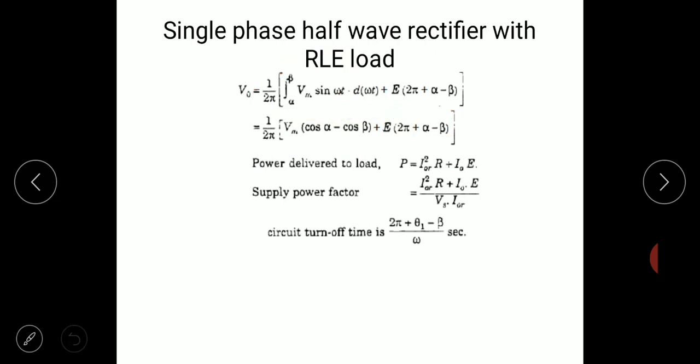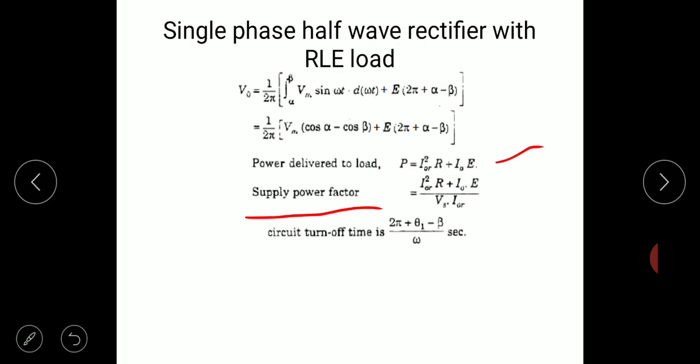Now coming to power delivered to load. Power delivered will be across resistance and across the back EMF. Across resistance it will be I naught square R, and across back EMF it will be I naught multiplied by E. On adding these two, we will get power delivered to the load.